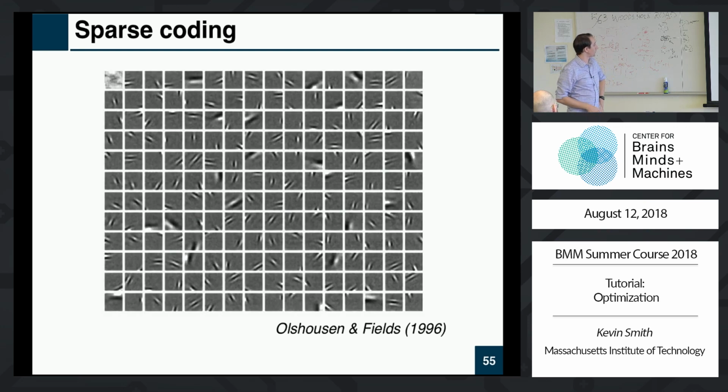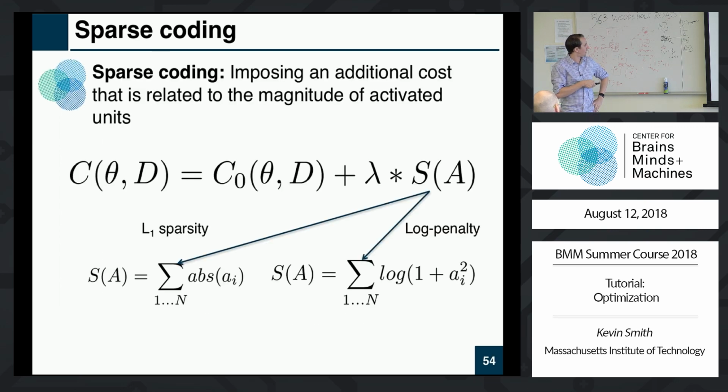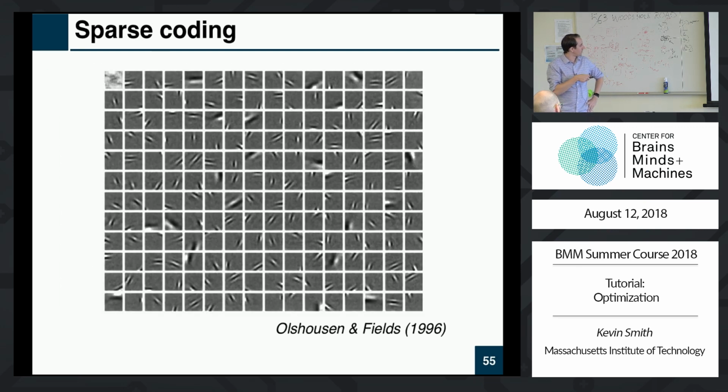Well, one thing we can look at is that once you start adding sparse coding, instead of getting this set of noisy pixelated images, we get out things that look like V1 receptive fields. The reason is that many of these natural images are decomposable into things like edges, so you want to create them out of a subset of a few different edges.